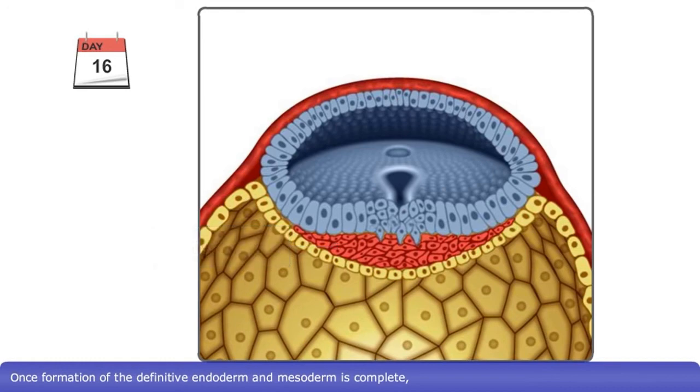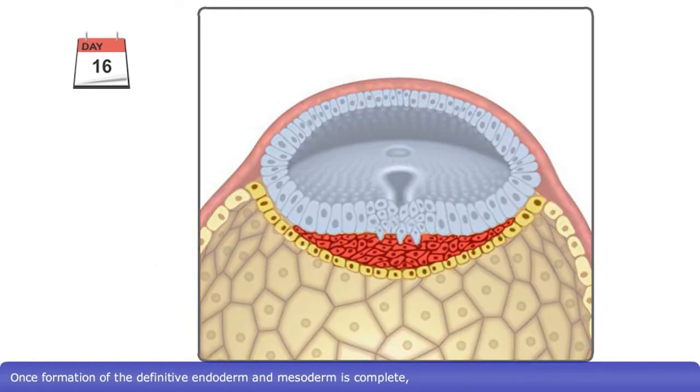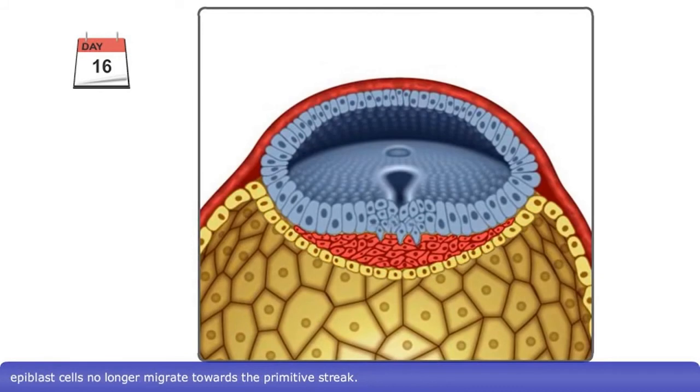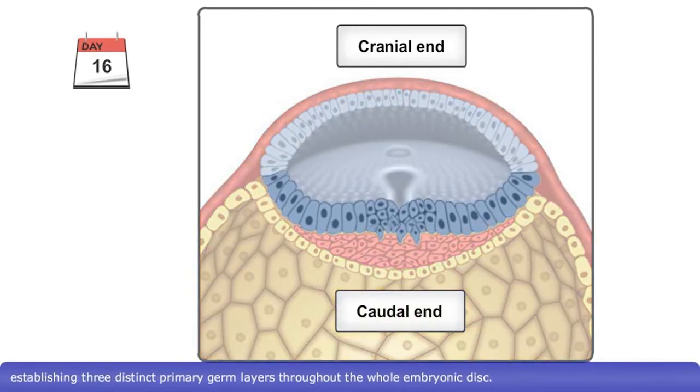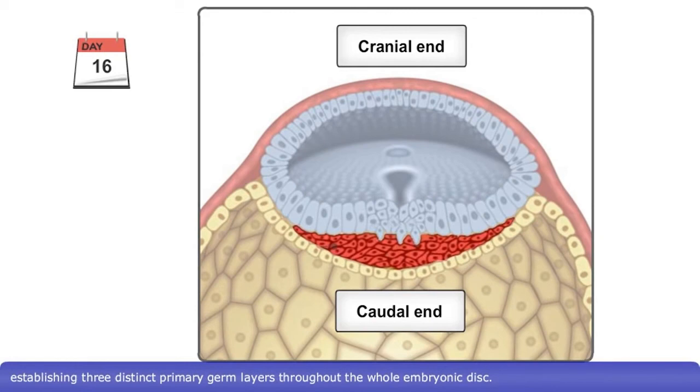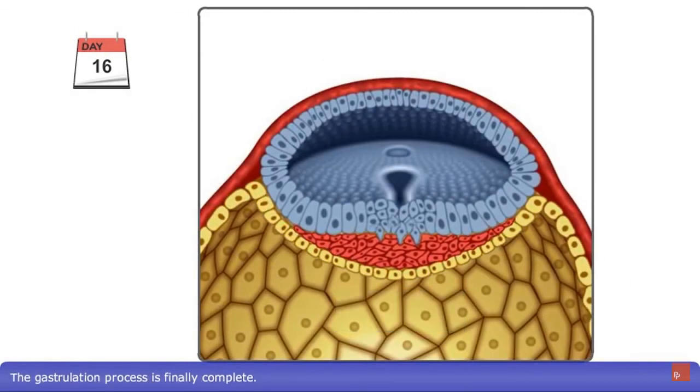Once the formation of the definitive endoderm and mesoderm is complete, epiblast cells no longer migrate towards the primitive streak. Throughout gastrulation, the ectoderm continues to form from the cranial to the caudal end of the embryo, establishing three distinct primary germ layers throughout the whole embryonic disc. The gastrulation process is finally complete.